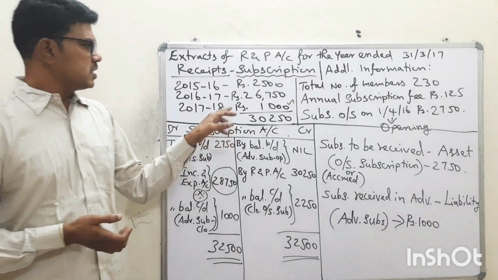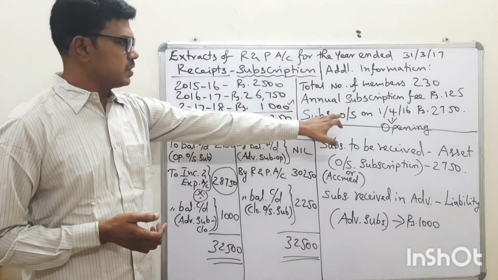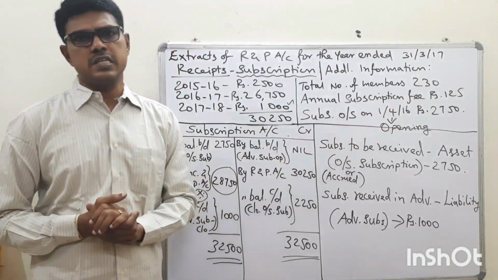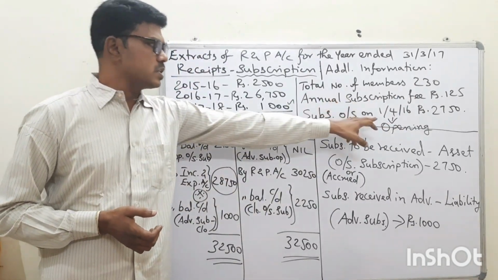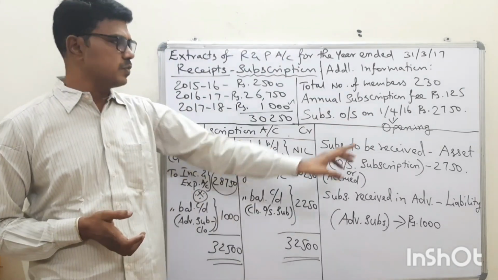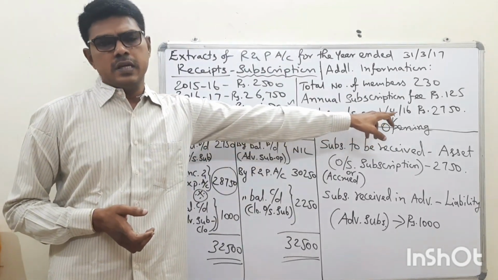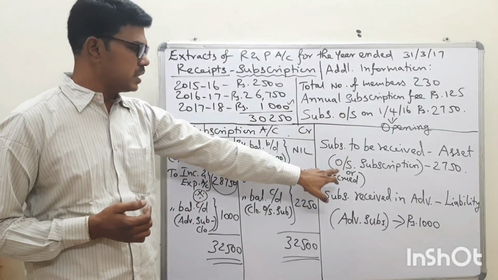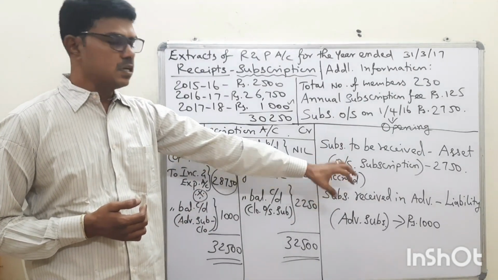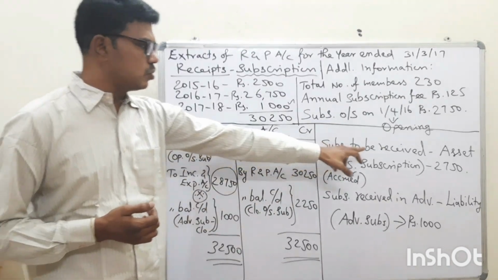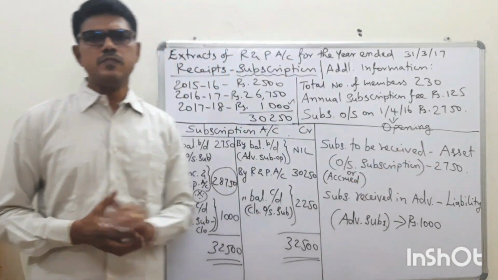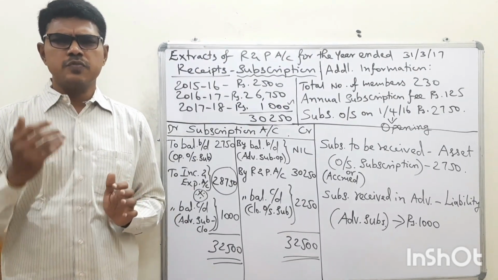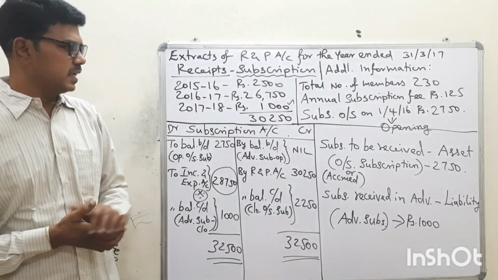When subscription is outstanding on 1/4/2016, at the beginning of the year, it means an amount to be received. Outstanding or accrued means amount to be received. Subscription to be received is an asset.